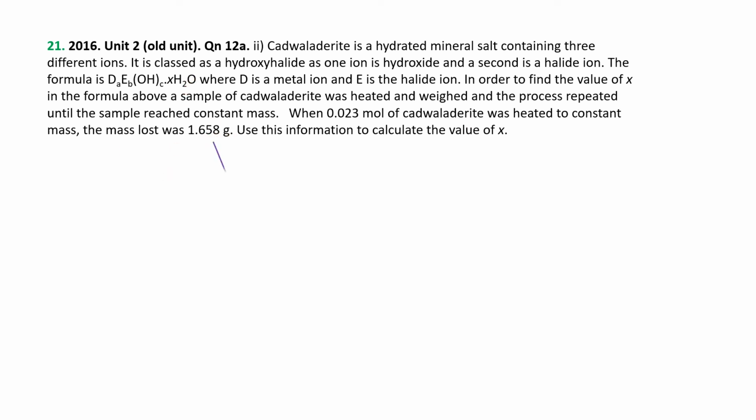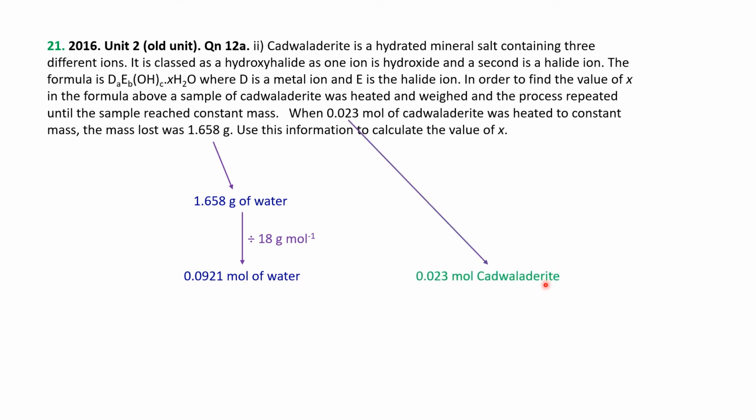That's obviously the water. Convert that to moles, excuse me. So now we got 0.0921 moles of water, and that came from the 0.023 moles of cadwaladerite that we had there. So therefore, usual process, divide through by the smaller number, and we get 4. So X is equal to 4 in cadwaladerite.